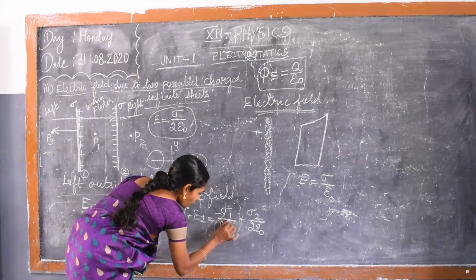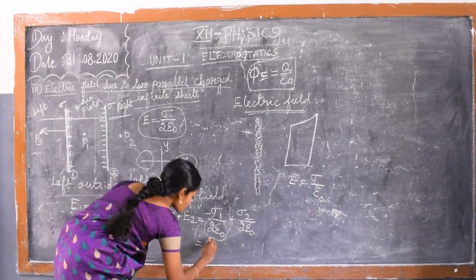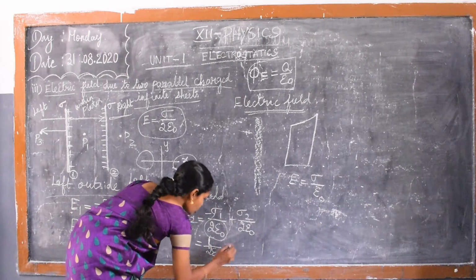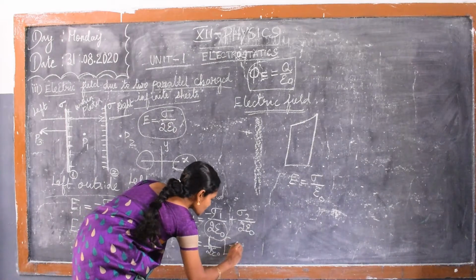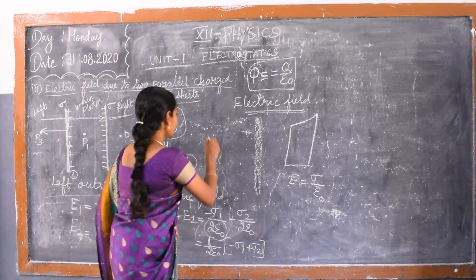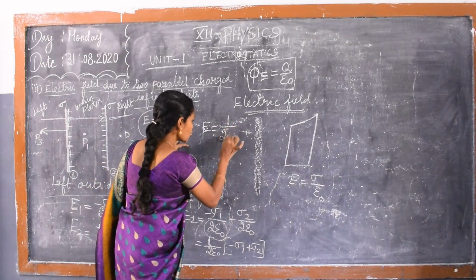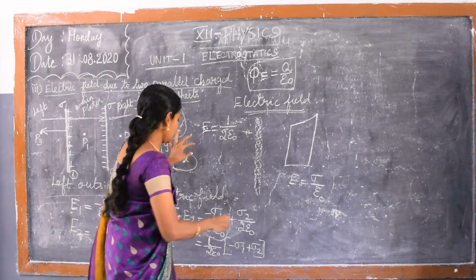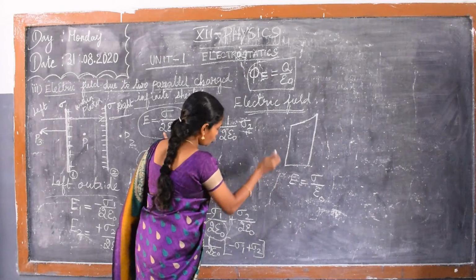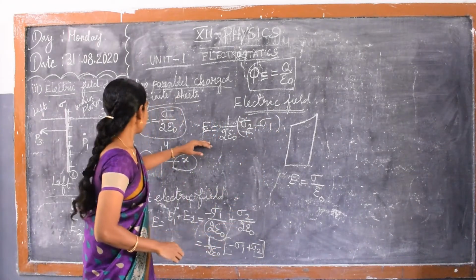Here 1 divided by 2 epsilon naught is a common factor, so take this common factor outside. What we get inside is minus sigma 1 plus sigma 2. Rearranging, we get E is equal to 1 divided by 2 epsilon naught times sigma 2 minus sigma 1.